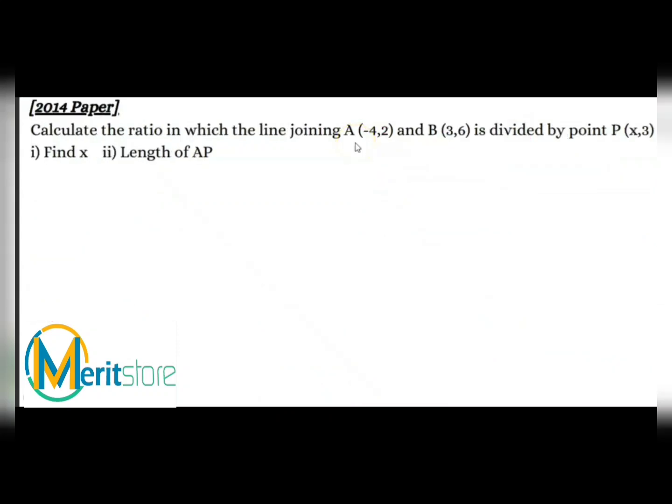Here we have a question which says calculate the ratio in which the line joining A and B is divided by the point P. I have to find x and I have to find the length of AB. So this becomes x1, y1, this becomes x2, y2, and here P is x and y. Since I know the value of y, I'm going to use the y formula only to find the ratio first and then the value for x.